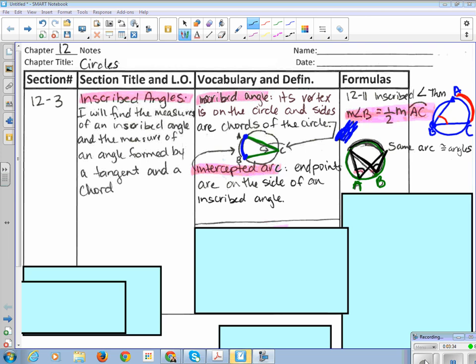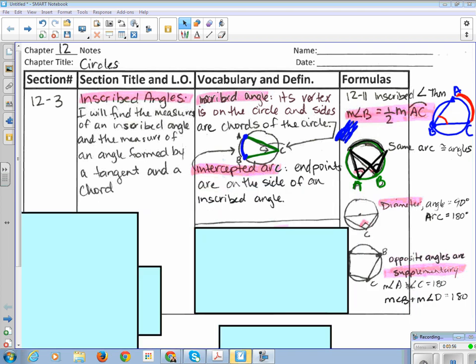Then angles A and B are the same. They're going to be congruent. So if your 2 inscribed angles share the same arc, if you look, they're not at the same place, but they share the same arc, then those angles are congruent.